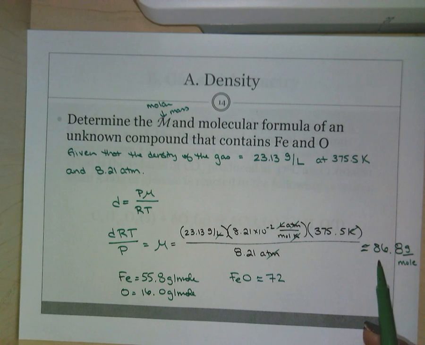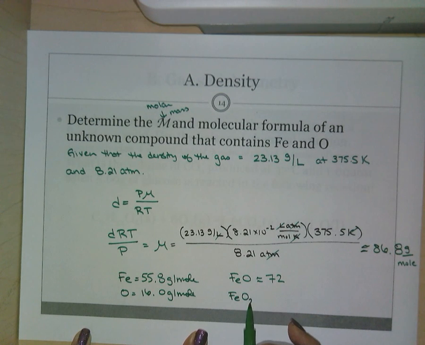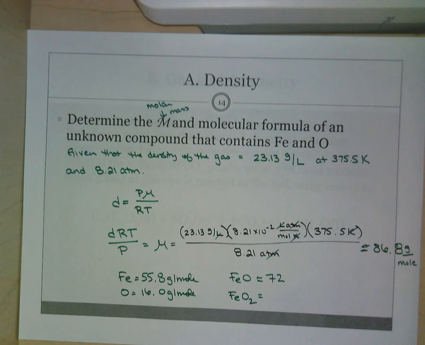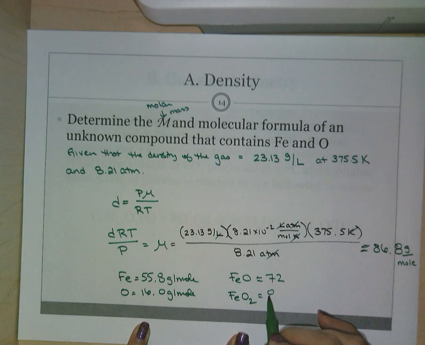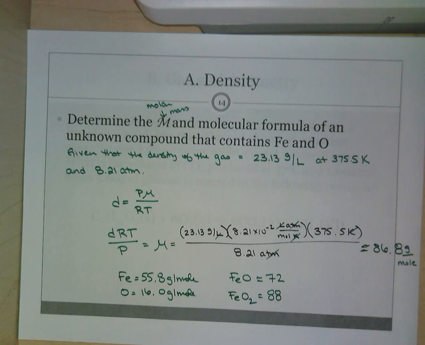Is that pretty close to what we want? No, that's not good. What if I do double the oxygens? It has to be 72 plus 16, like on the order of 88. So how is that for a molecular formula? Pretty good.